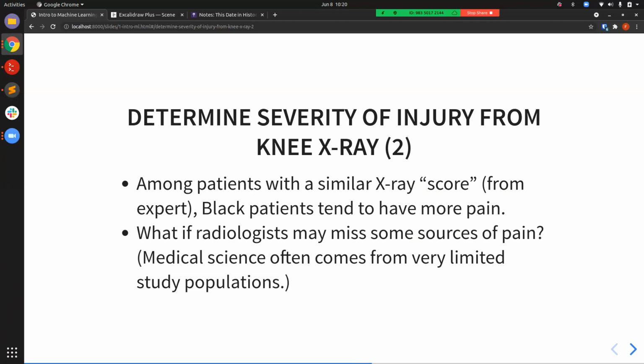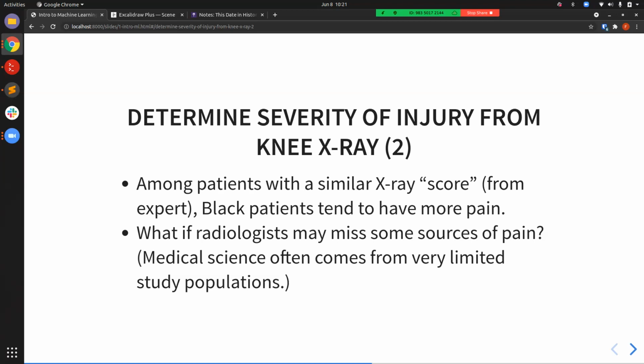The problem with this model is that the radiologists who produce the score that you're trying to learn to predict just miss sources of pain in Black patients very often. So it wouldn't necessarily help to collect more data from Black patients because the radiologists are not producing an accurate score for them. So what this paper did was something very interesting.